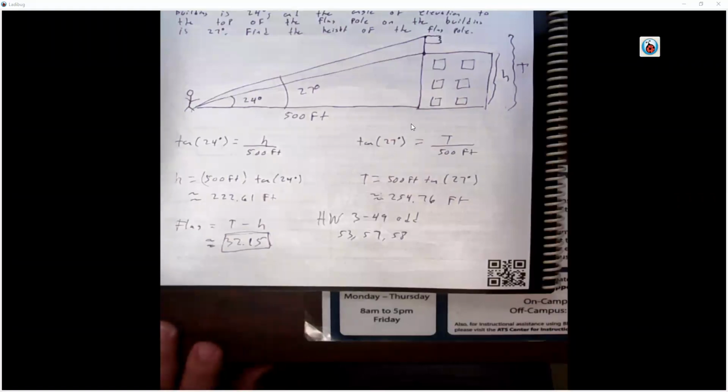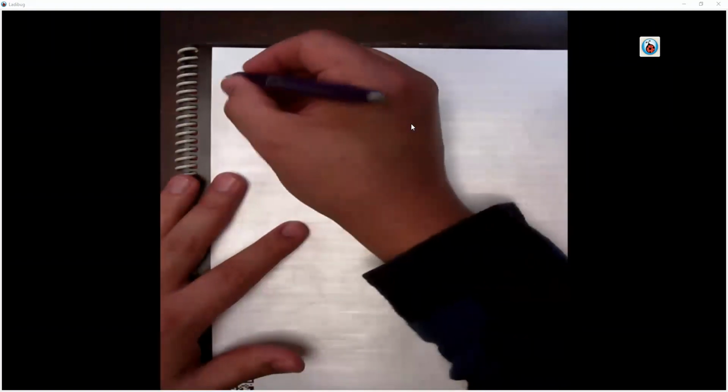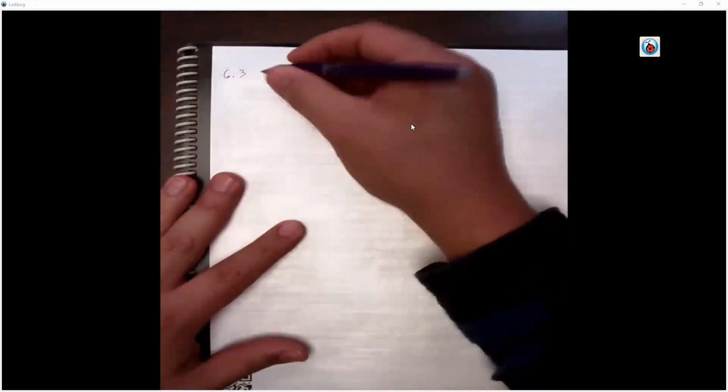Yes, cool on this page. My 6.3, I'm going to cut it really short because it's stuff we've already talked about. It just said to rehash it because it's useful.